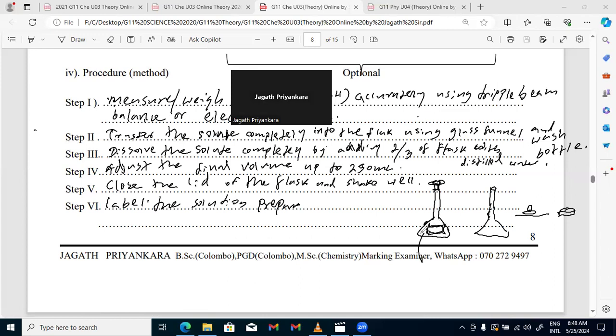This is the label of the flask. What should be indicated on the label? Indicating the name of the solution. Yes. Label the solution prepared, indicating the name of the solution. What else?